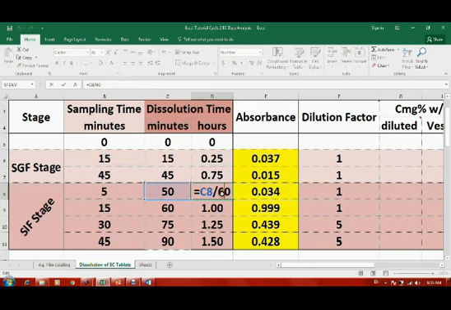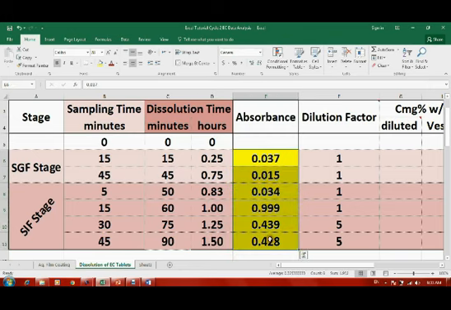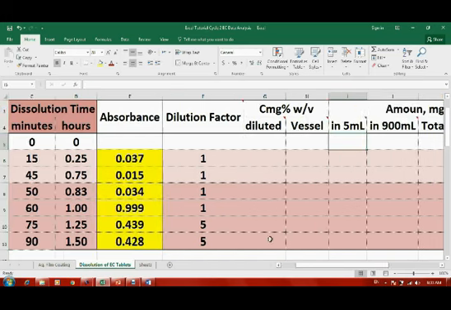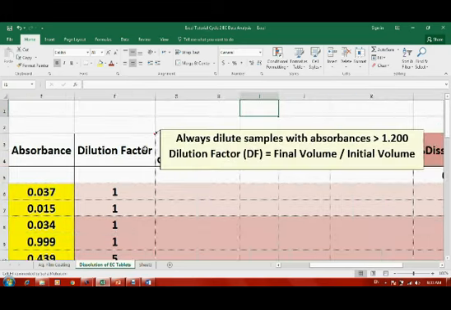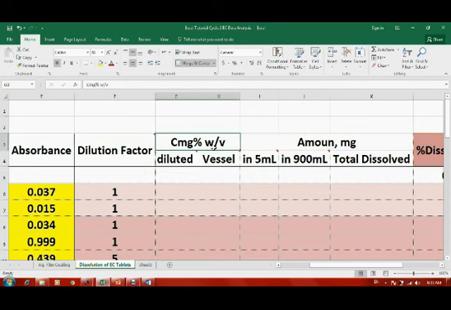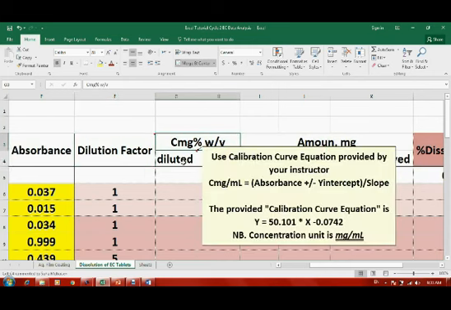This can simply be done by dividing the time in minutes by 60. Now add the dilution factor. Always dilute samples with absorbances more than 1.2 with a suitable dilution factor, and the dilution factor will be equal to the final volume divided by the initial volume withdrawn from the sample.